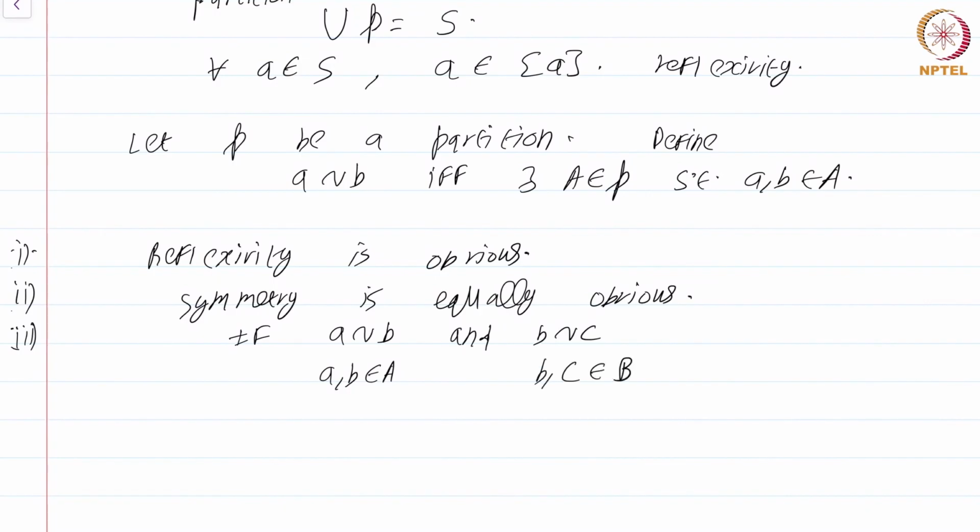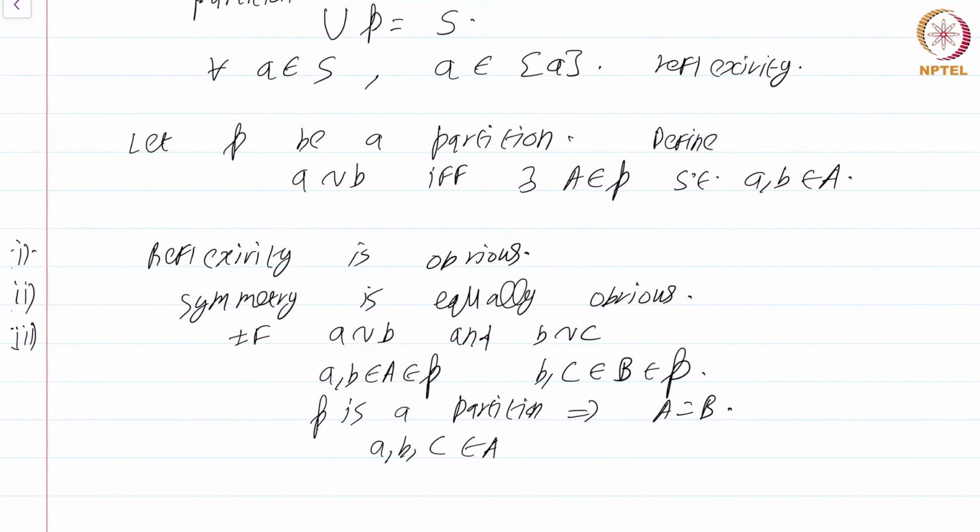Both should be elements of P. But 𝒜 and ℬ are not disjoint, they have the element B in common. So because P is a partition, this implies the set 𝒜 is equal to the set ℬ. That means A comma B comma C belong to 𝒜, which means that A is related to C.